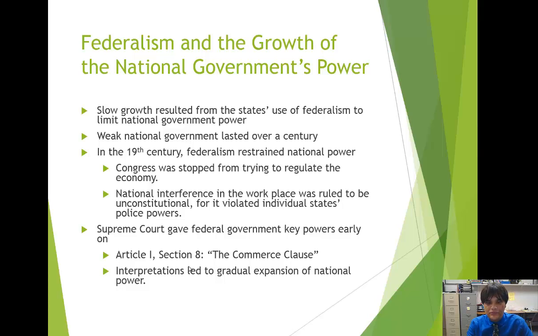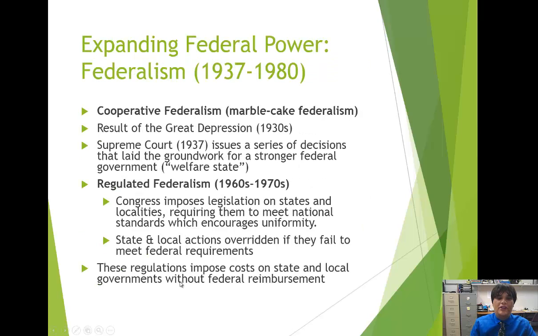Because it was thought that when you let business go out of control and have no regulation, you're going to get a lot of unsanitary work conditions, a lot of unsanitary foods, and things like that. So that's why this interpretation of the Commerce Clause led to gradual expansion of national power, and that's where we end up with cooperative federalism.